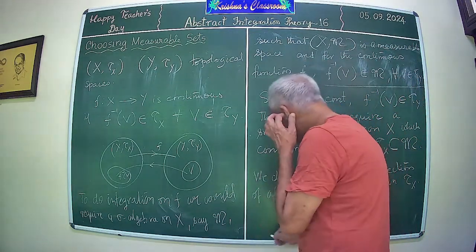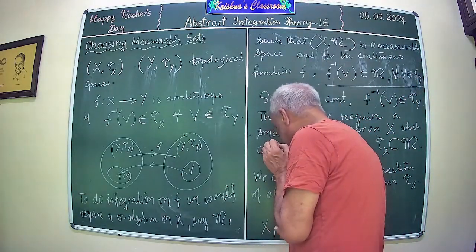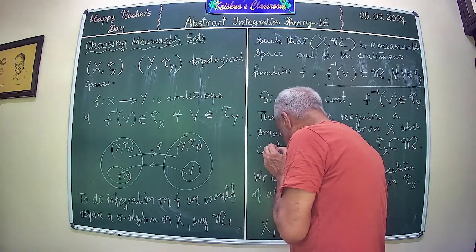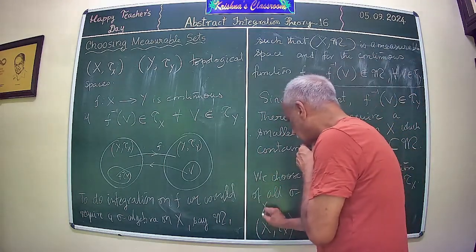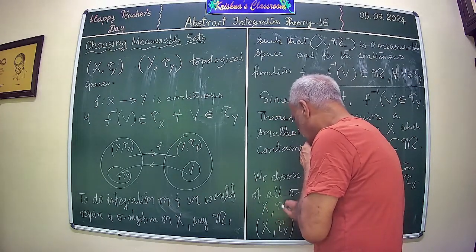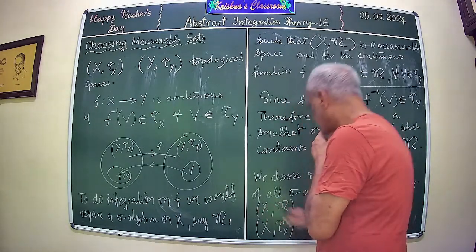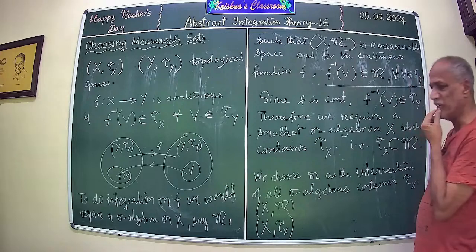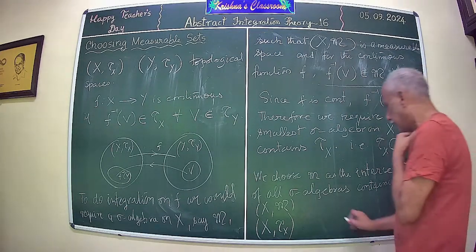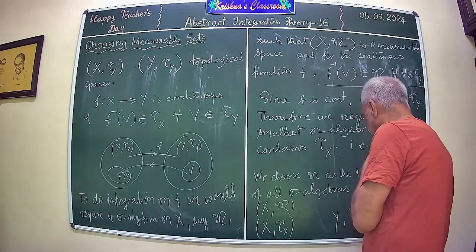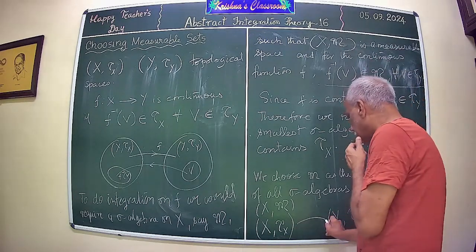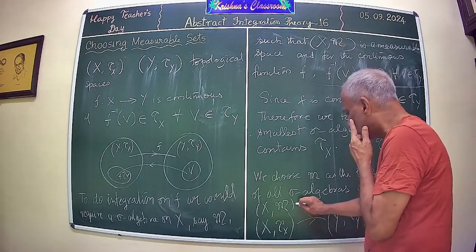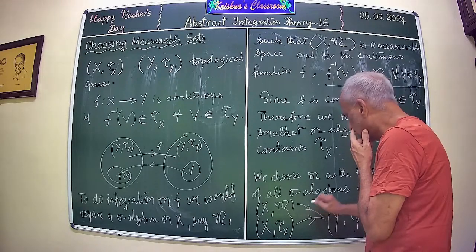And you see that once you do that, you have two things now: X, tau X, this is a topological space, and X, M, this is a measurable space, and you have Y, which is a topological space, and you are talking about a mapping from here to here.